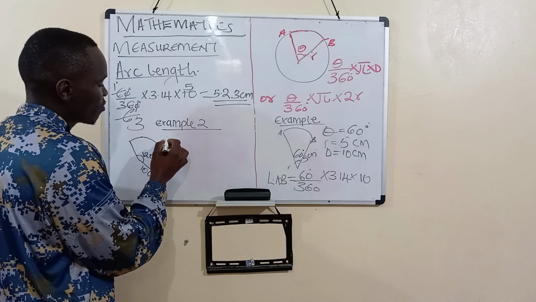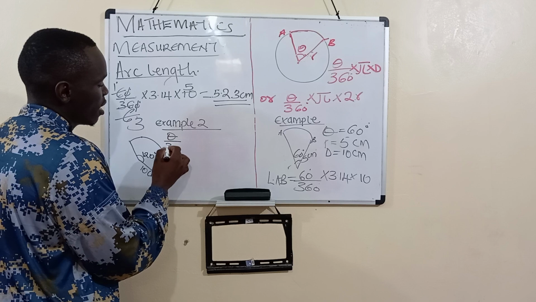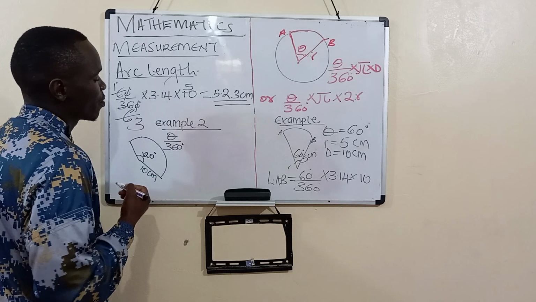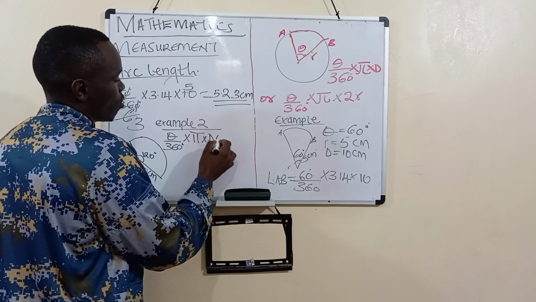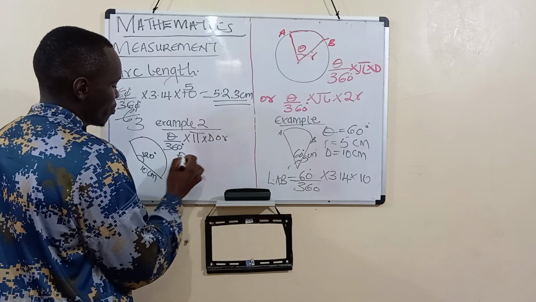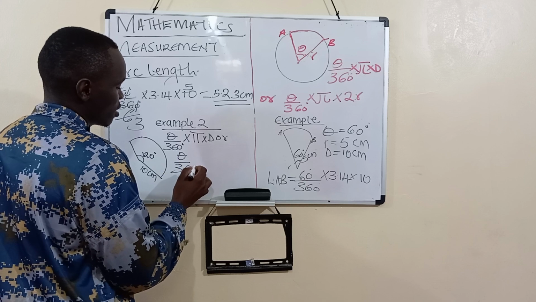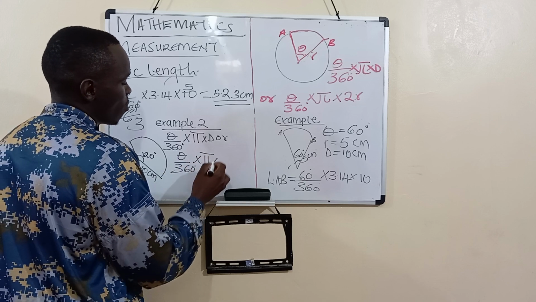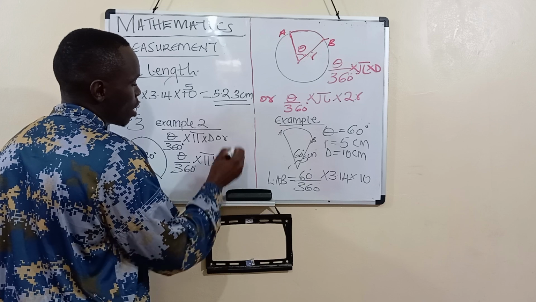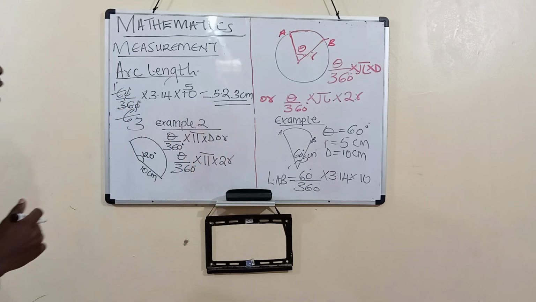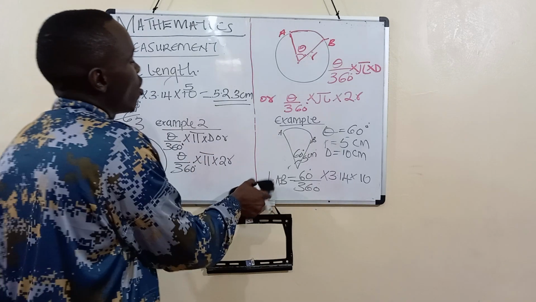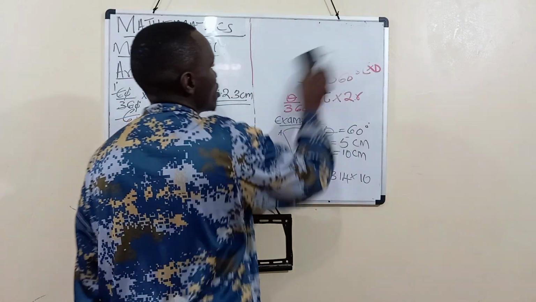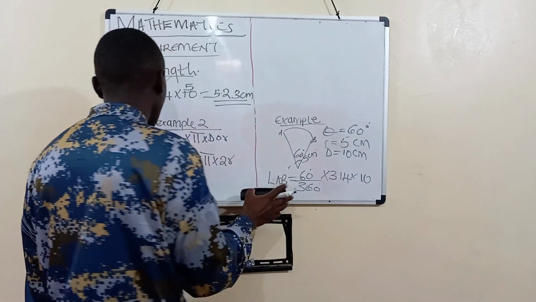Once again, we will have to do theta all over 360 degrees multiplied by pi multiplied by d, or theta all over 360 degrees multiplied by pi multiplied by 2r. Through that, we are able to obtain the value of the length. So let me rub this part again so that we can calculate.